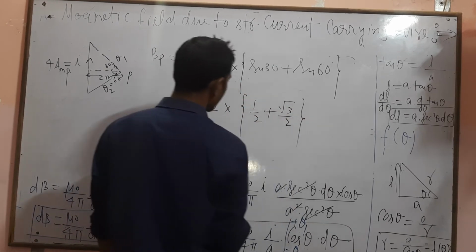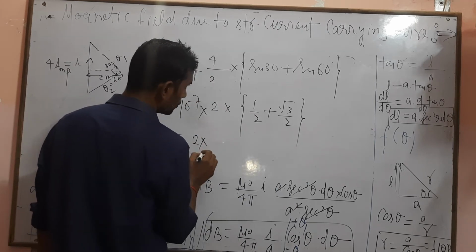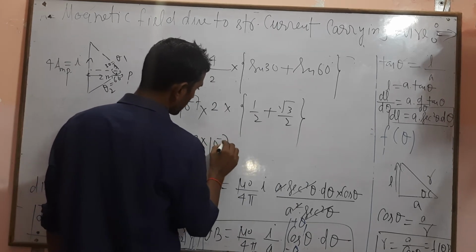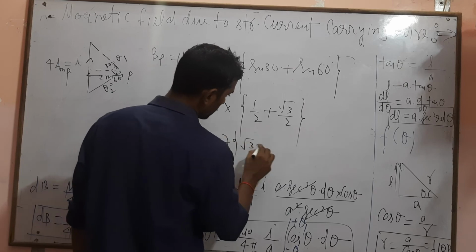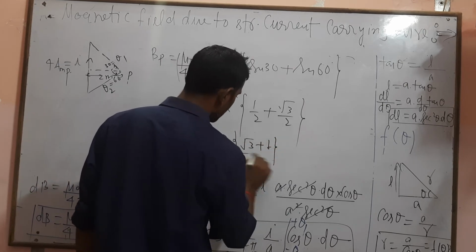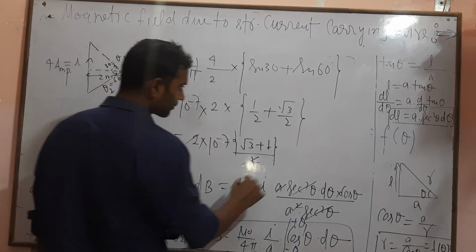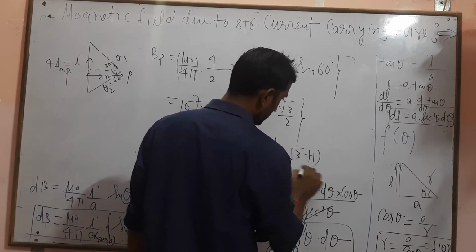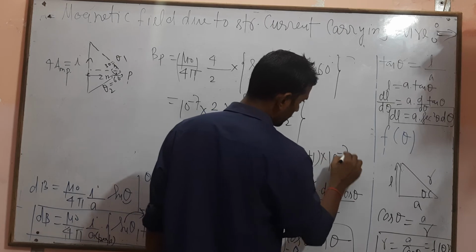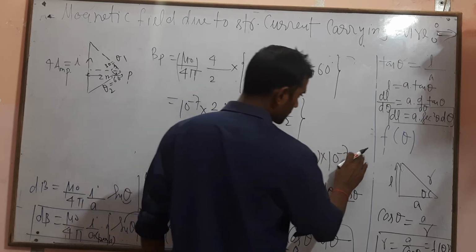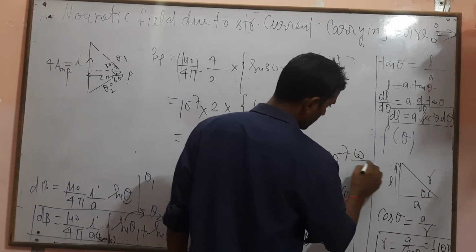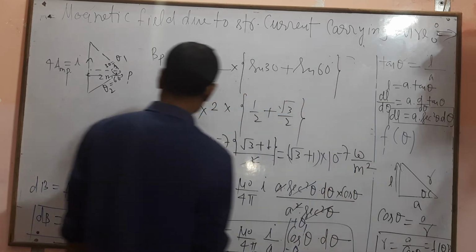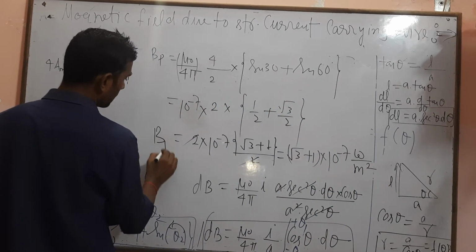Arranging this, we can say 2 into 10 raised to minus 7 into root 3 plus 1 divided by 2. This 2 will be cancelled out. This implies root 3 plus 1 into 10 raised to minus 7 Weber per meter square. This is the magnetic field B at point P.